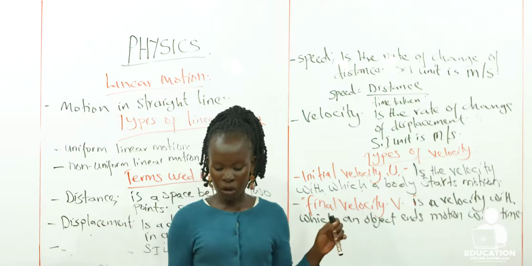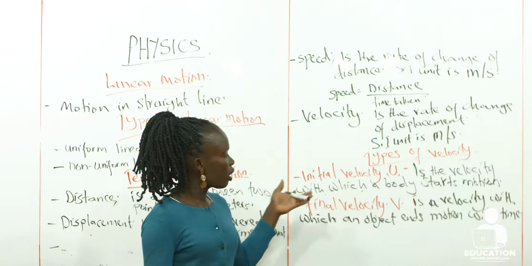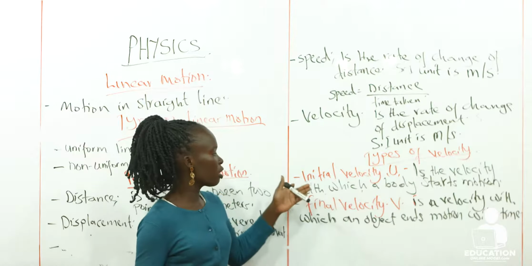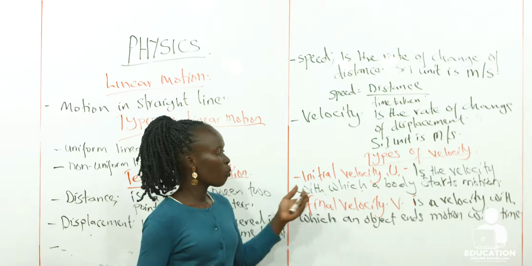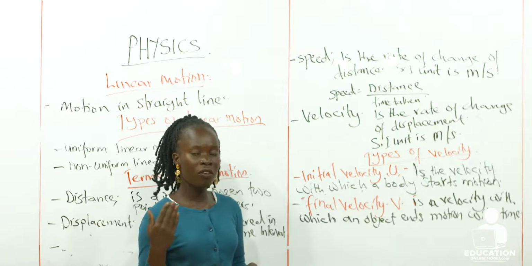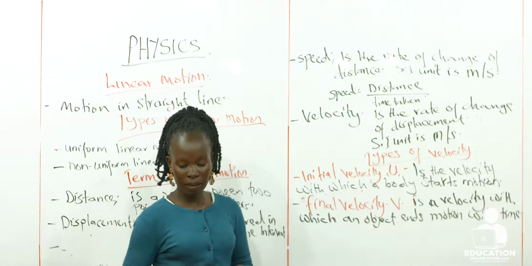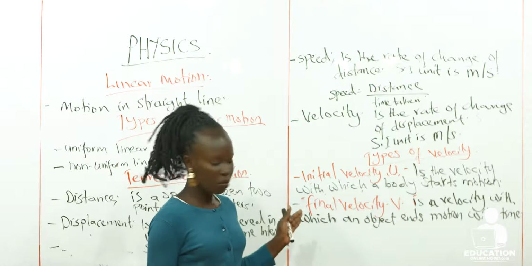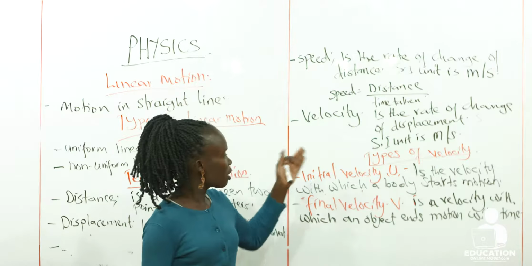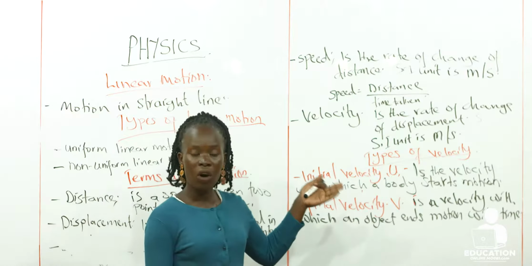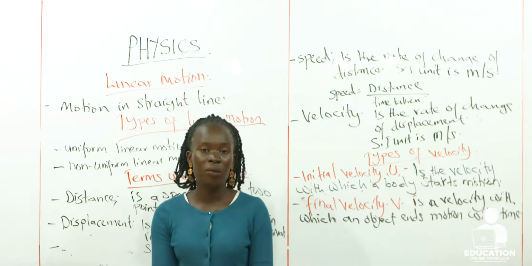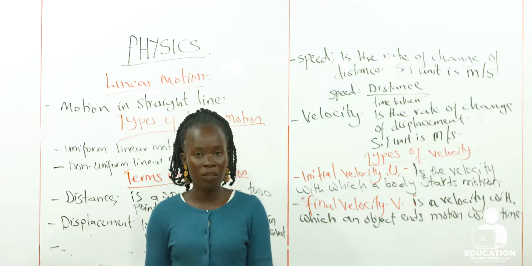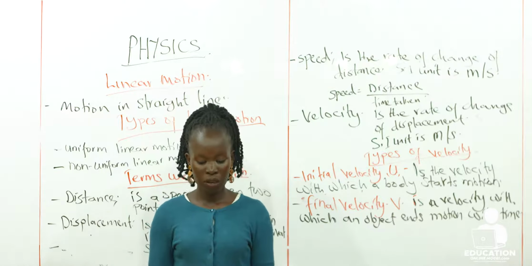How would you get your final velocity? When you're bringing your car or the body to rest, having given it a velocity, your final velocity there is 0. The SI unit for this final velocity still remains the same. It is meters per second, or sometimes it is given in kilometers per hour, so you can convert it from kilometers per hour to meters per second.